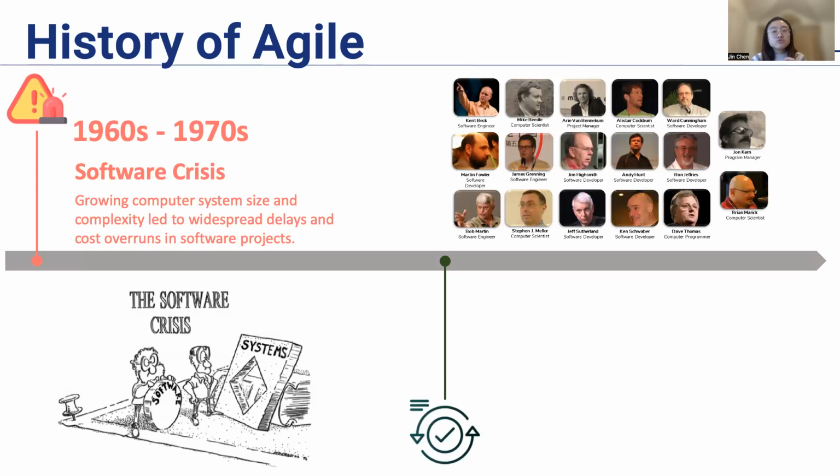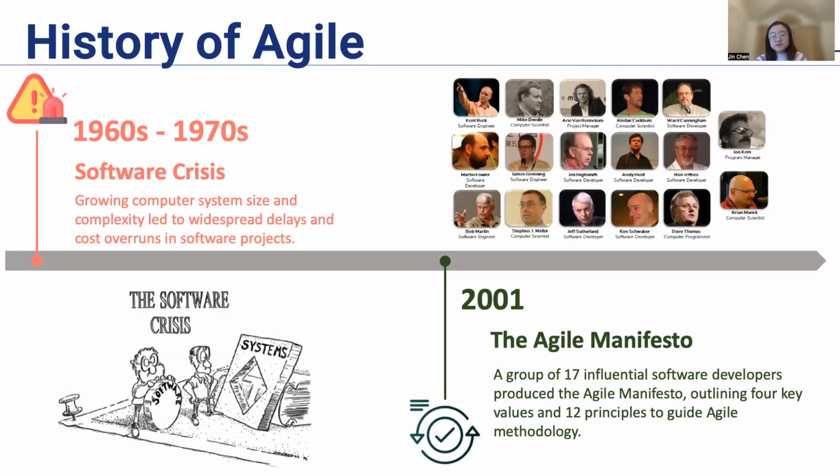And in spring 2000, a group of 17 software developers got together to discuss how they could speed up the development process to bring new software to the market faster. And just a year later, the same group met again and held a 3-day meeting in which they produced the Agile Manifesto.